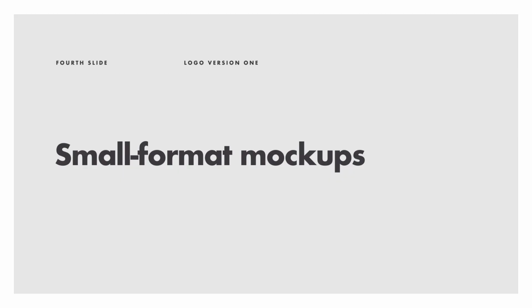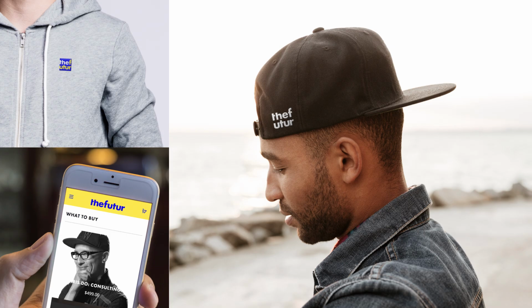All right, slide number 4, small format mockups. It's pretty self-explanatory, guys. It's the logo done really small. So things like pens, pencils, pins, wax seals, cufflinks. You want to really get into the brand and try and figure out how they would use the logo in a small space.